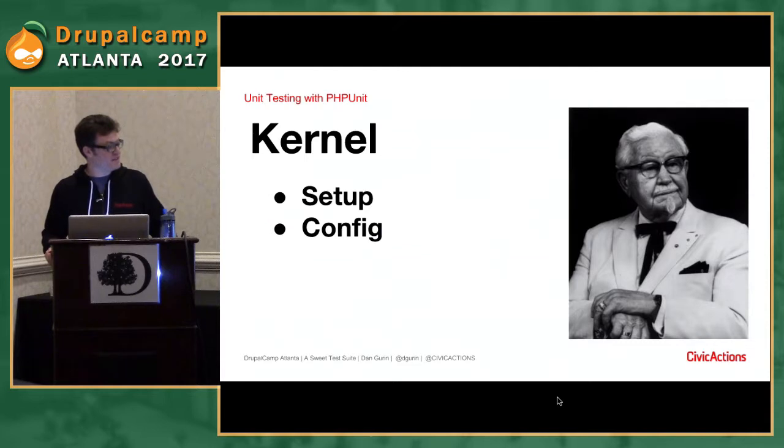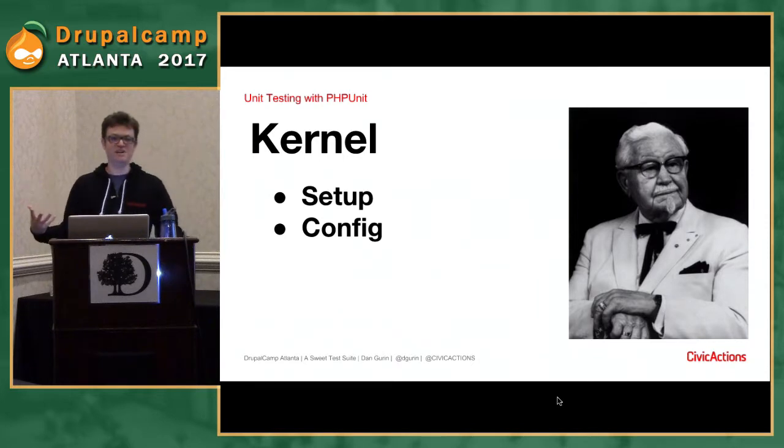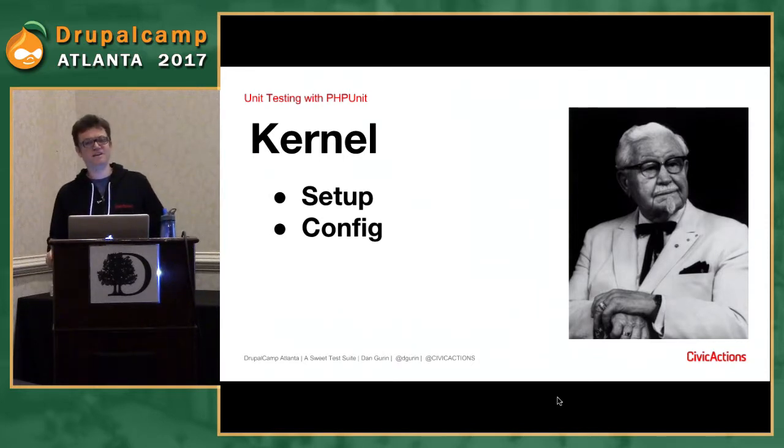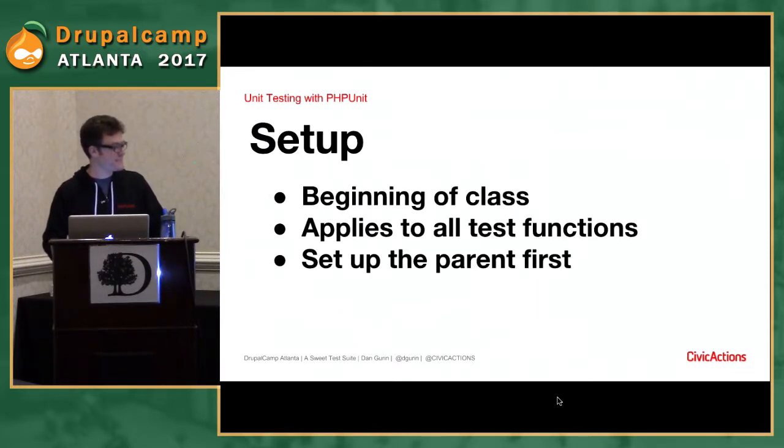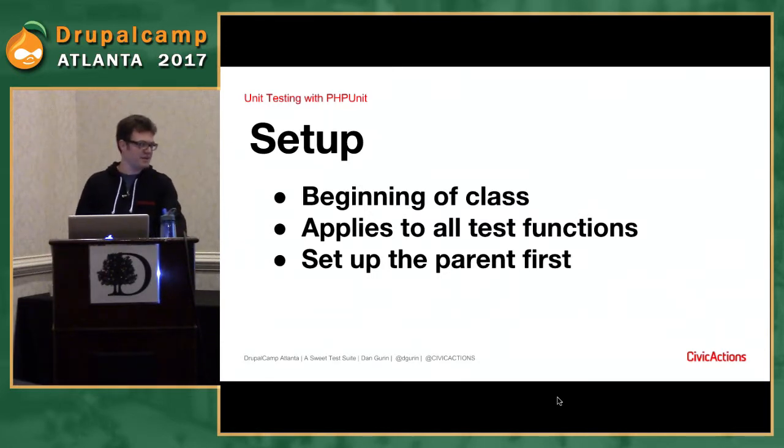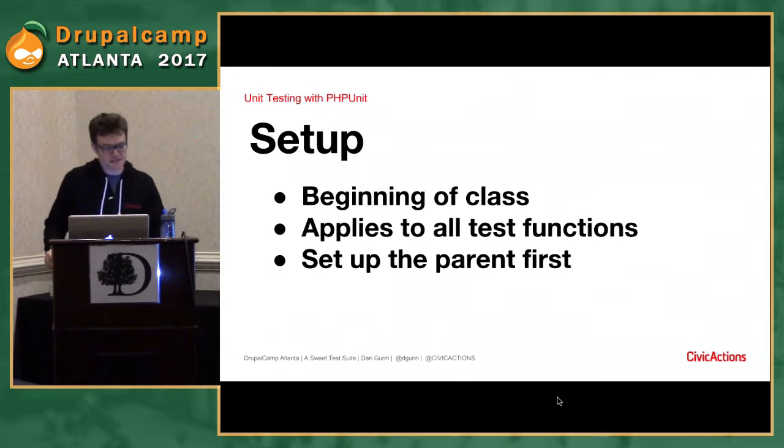So for the kernel tests, because it's similar to when you're at the install screen, there's some setup that you have to do, and some configuration, typically, to recreate the environmental conditions that you want to have when you're running your test. And the setup will typically happen at the beginning of the class.